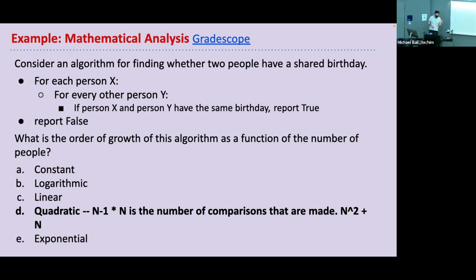For the second person, we have to compare them to everyone else in the list. So that's maybe perhaps n-2 comparisons because they've already been compared to the first person. The third person, right, we have to do n comparisons, but n-3 now.